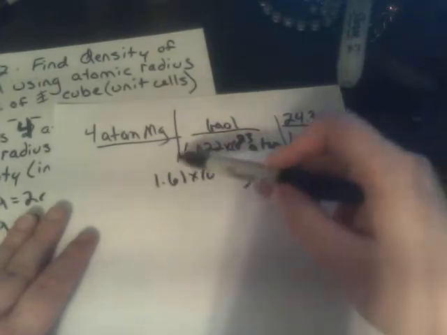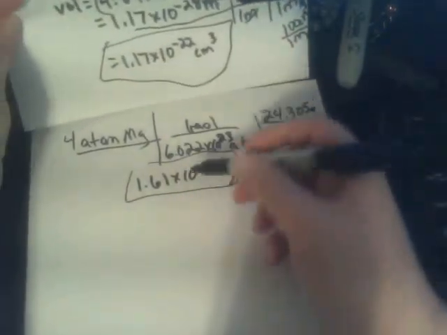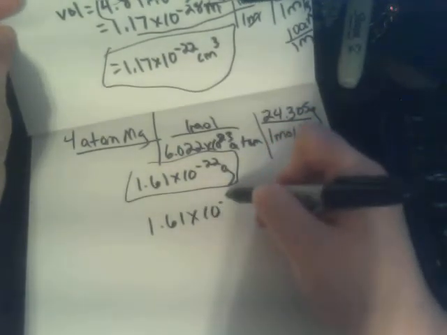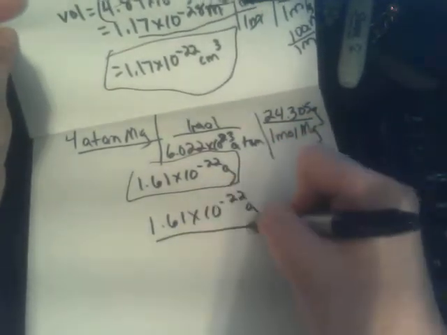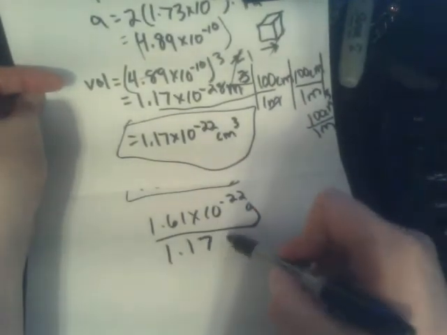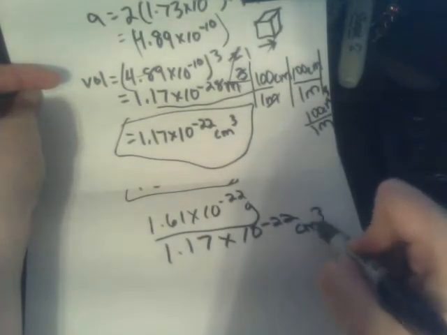So I have my unit of grams and my unit of centimeters cubed, and all I have to do is put one over the other. 1.61 times 10 to the negative 22 grams divided by 1.17 times 10 to the negative 22 centimeters cubed.